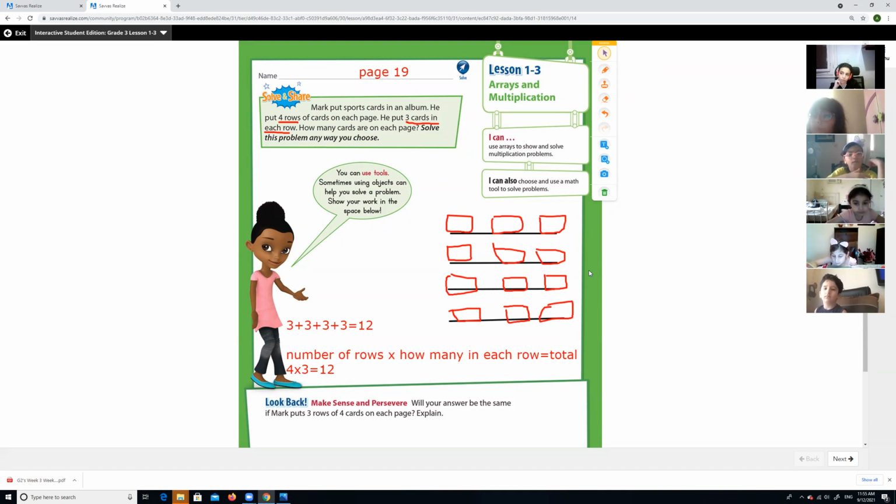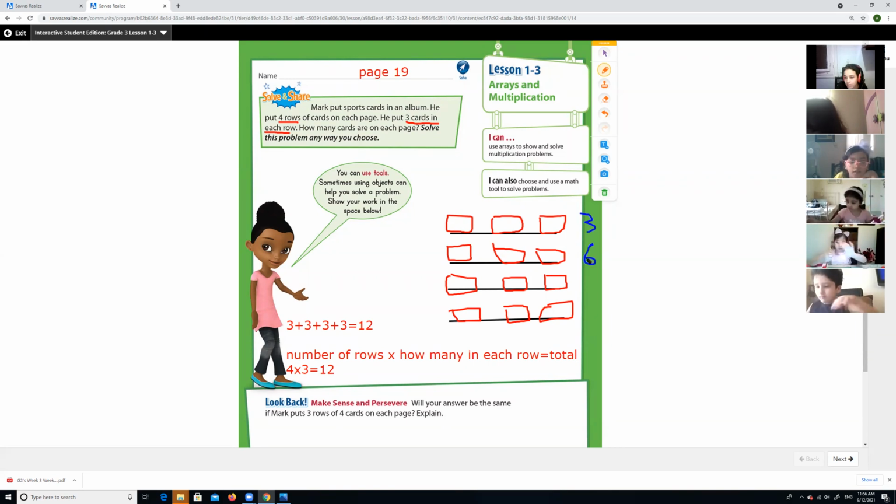Can you use skip counting to find the total? Yes. Can you tell me how many cards here? 3. So I will write 3. Add 3 more. 3 plus 3, give me 6.